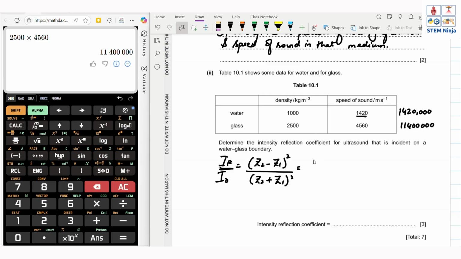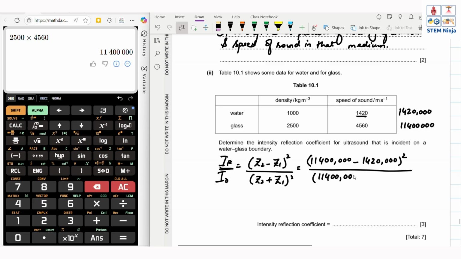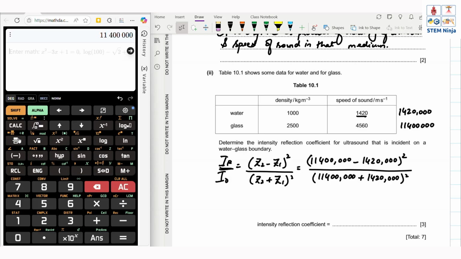So the difference would be 11,400,000 minus 1,420,000, squared, and then plus, squared. So first off, we can find the ratio first, and then we can square the values.